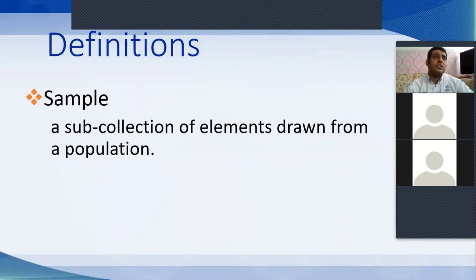If we want to do a study in a university, all the students belonging to that university are the population of that study. But if we want to do the research on healthcare students, then maybe pharmacy, medical, dental, and these can be our sample.